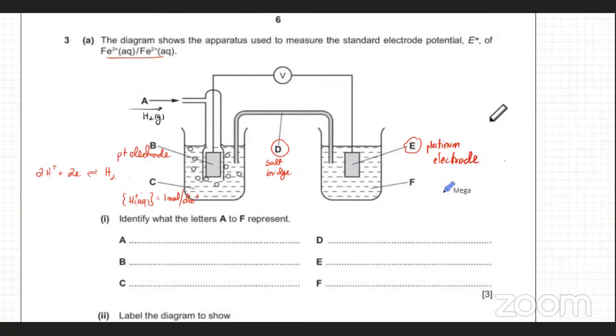And F is going to be a mixture of Fe3+ and Fe2+ ions, and both of them are going to be 1 mole per dm cube.